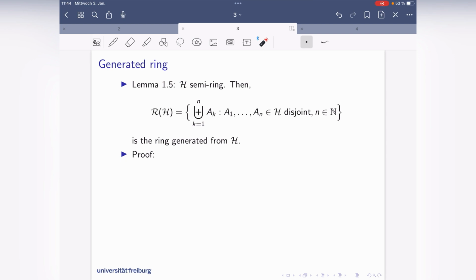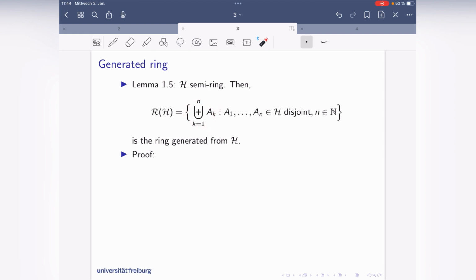Always, not only if H is here the set of intervals. So what do I have to prove? I have to prove that the right-hand side is a ring. And once this is a ring, I'm done, because this ring here is the intersection of all rings, so that could still be bigger than this ring generated from here. But on the other hand, I at least have to generate all these disjoint unions.